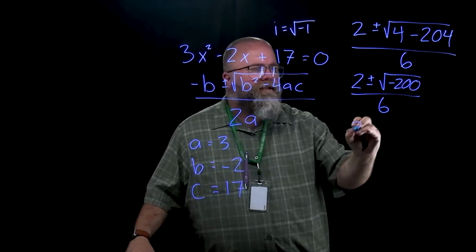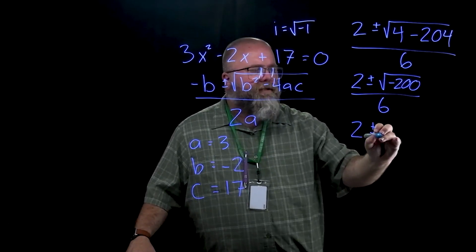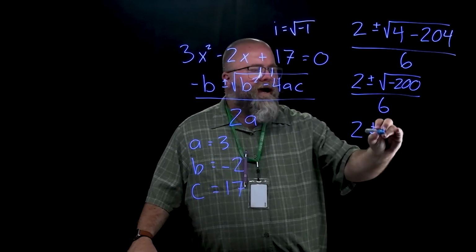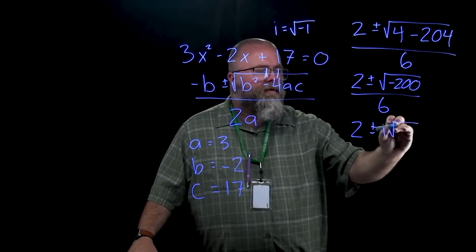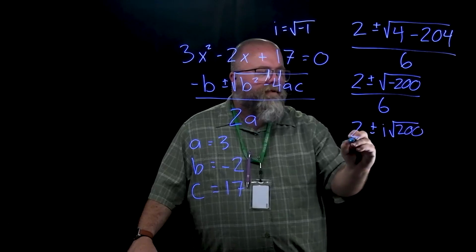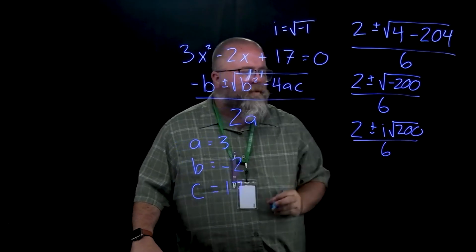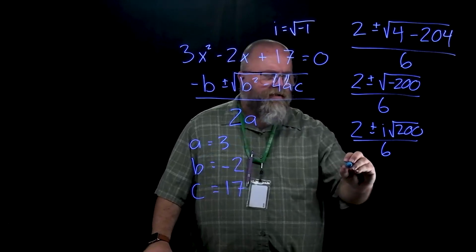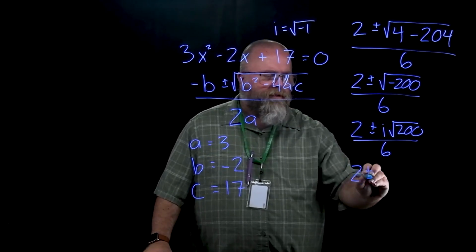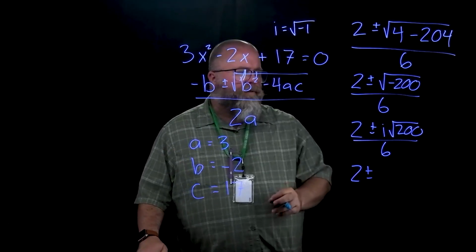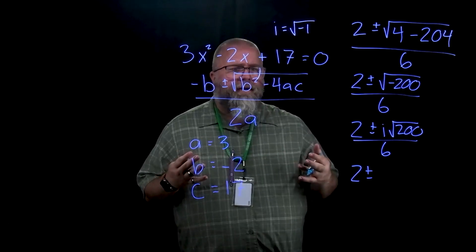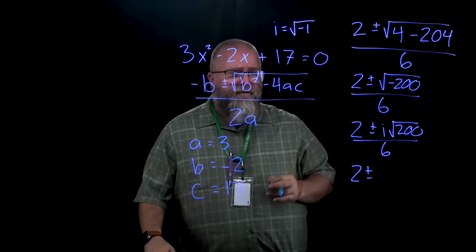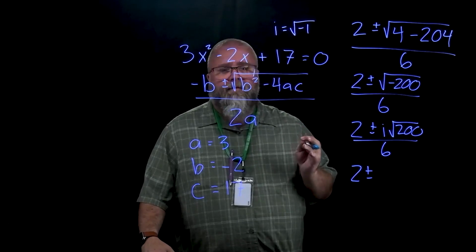So we can now rewrite this as 2 plus or minus i times the square root of 200 all over 6. Well, we can still work to reduce this. So 200 can be written as 2 times 100, and the reason we do that is because 100 is a perfect square.